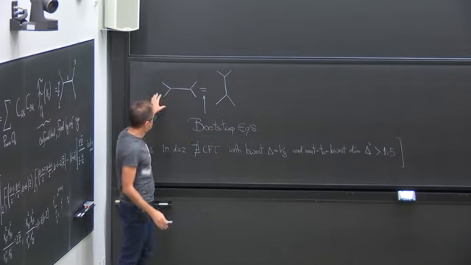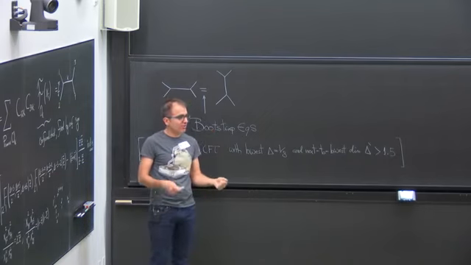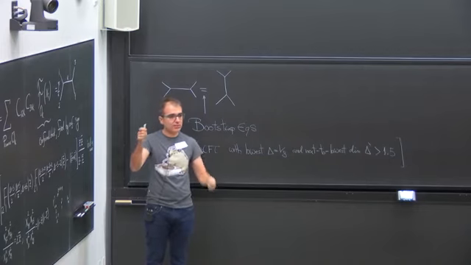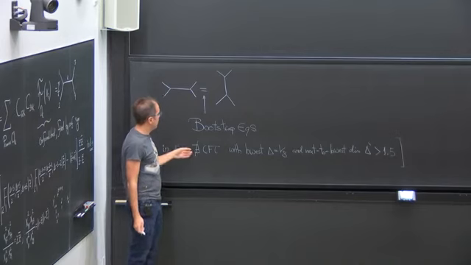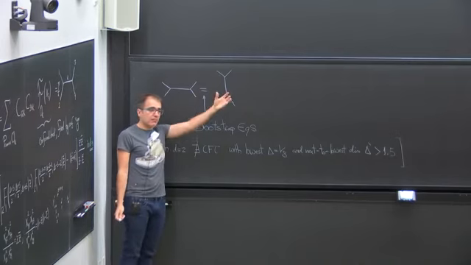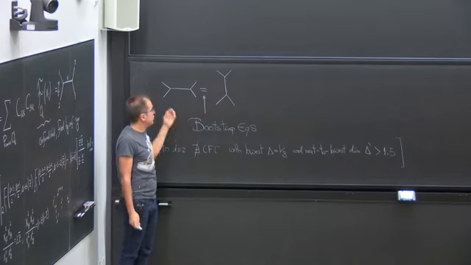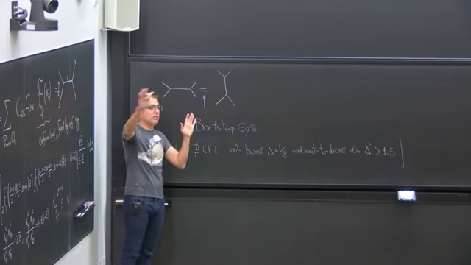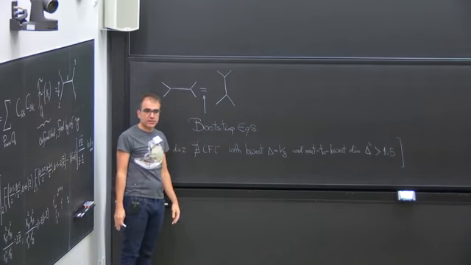Now, these equations are not easy to work with. It's not like you go look at these equations and find all possible CFTs. But there are things we can do, like what you did in the tutorial. In the tutorial, you applied functionals to this equation. If you apply some functional, you can sometimes prove that some things are impossible, because you can show that some terms cannot add up to 0 if they are all positive, or if they are all on the same side of some planes, right?